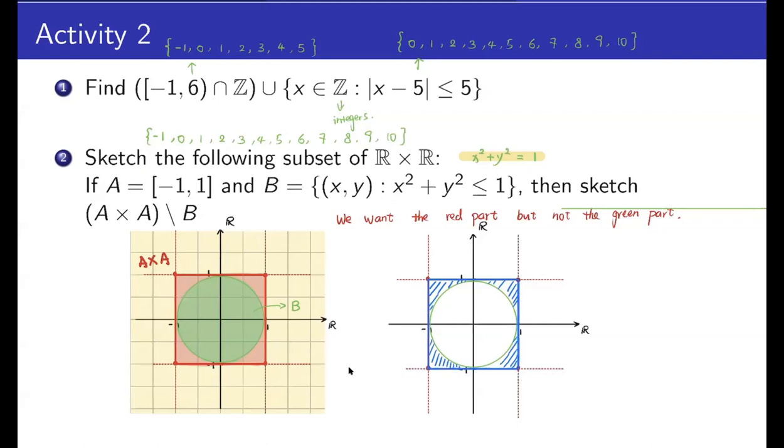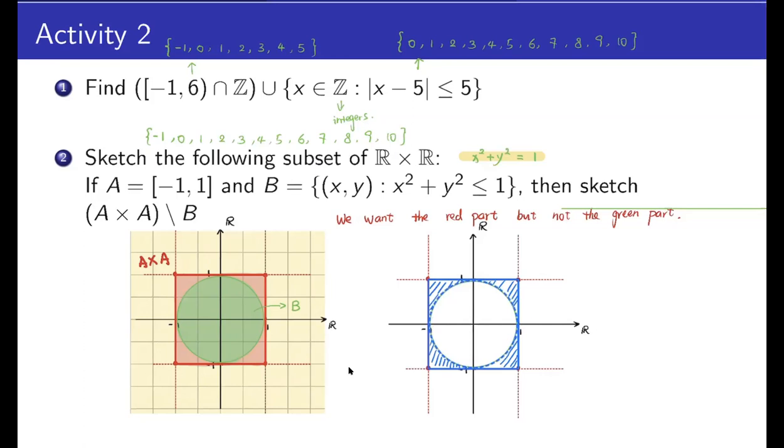What about the circle? Do we want the circle or not? No, we don't want the circle. So if you don't want something, you make it a dashed line, okay? That means you don't want this part. So we want the square, we don't want the circle.